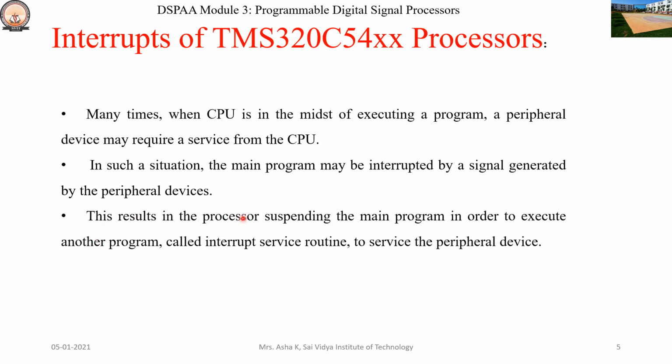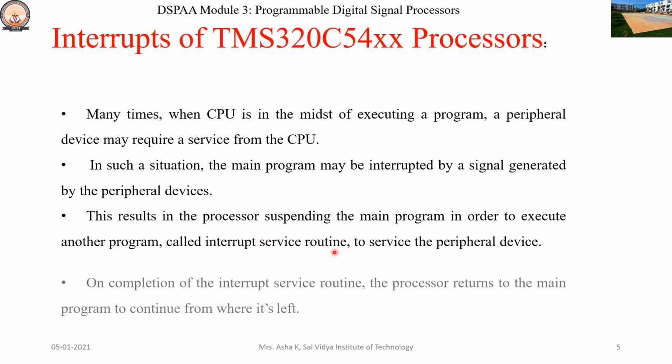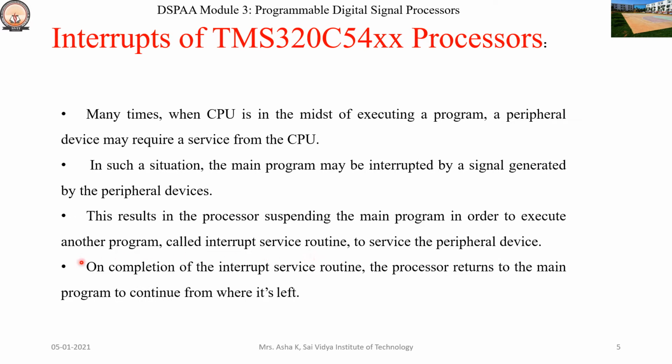This results in the processor suspending the main program in order to execute another program, called an interrupt service routine, to service the peripheral device. Upon completion of the interrupt service routine, the processor returns to the main program to continue from where it left off.